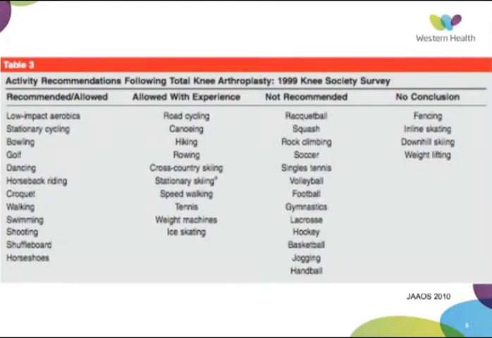Some of the knee surgeons there were asked what they recommend their total knee replacement patients do, or what they tell them they can't do. And if you have a look at some of these things they recommend: low impact aerobics, croquet, shuffleboard.